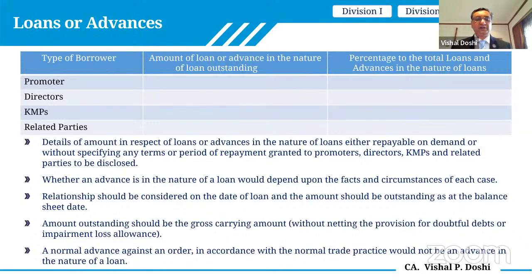What it would mean typically is, if this transaction had been done at arm's length, for a contract of 15 crores for the full year, would they have given 8 crores in April or May, with respect to the amount? If yes, if that is the nature, then it's fine. Then it would remain as an advance. If it is no, that means that advance has been given in the nature of a loan. The second can be with respect to the timing.